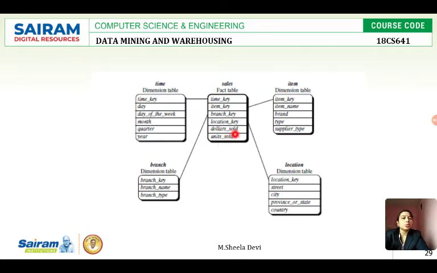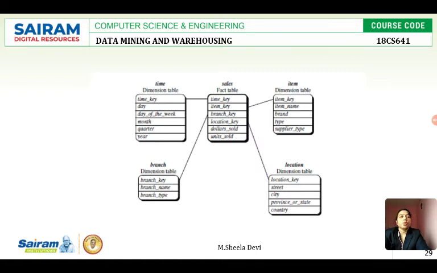Because dollars sold cannot be a primary key. It cannot be unique. Dollars sold may be $20, $30, $40. So with this it's not possible to create a dimension table. Similarly units sold, with this also it is not possible to create a dimension table. So it is not necessary that for all the dimensions of the fact table we should have a dimension table. Every dimension may or may not have a dimension table.